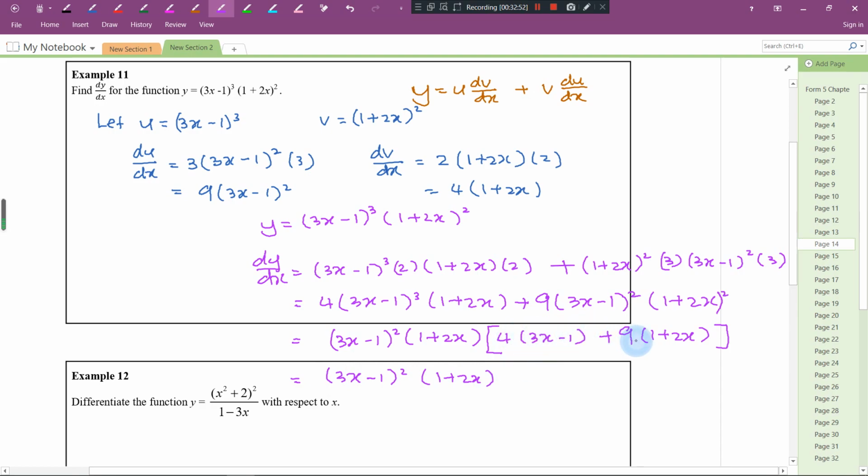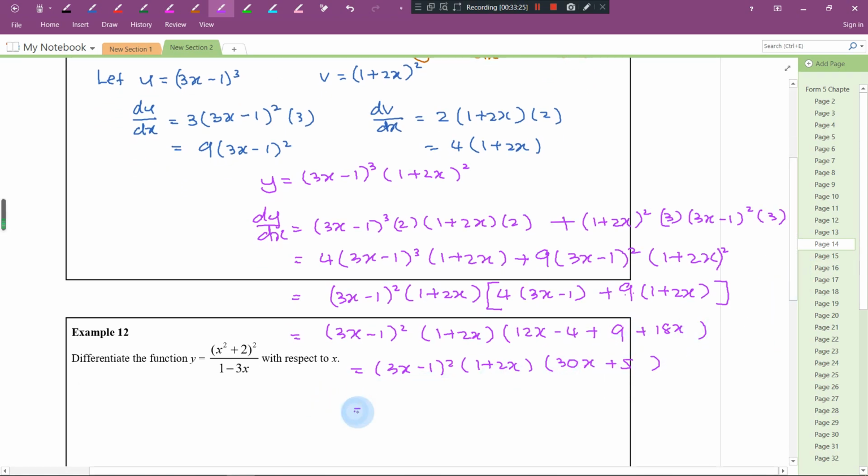Here we just do some expansion, then we simplify it. 4 times 3, you get 12x, negative 4. 9 times 1, 9 times 2, you will get 18x. Okay, so 12x plus 18x, you will get 30x. And negative 4 plus 9, you will get 5.